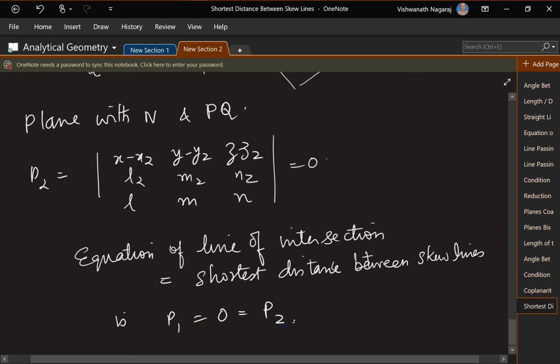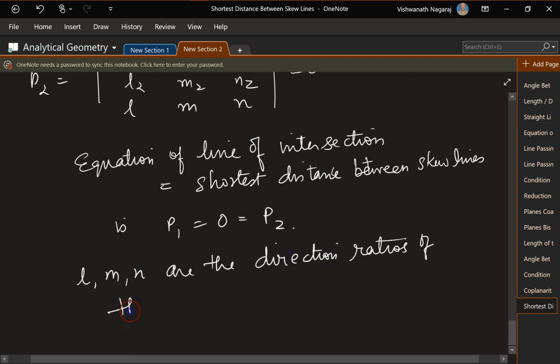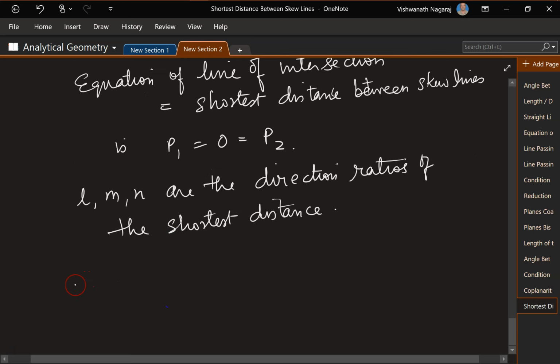Remember the non-symmetric form of the line of intersection. And here L, M and N are the direction ratios of the shortest distance. So that's it.